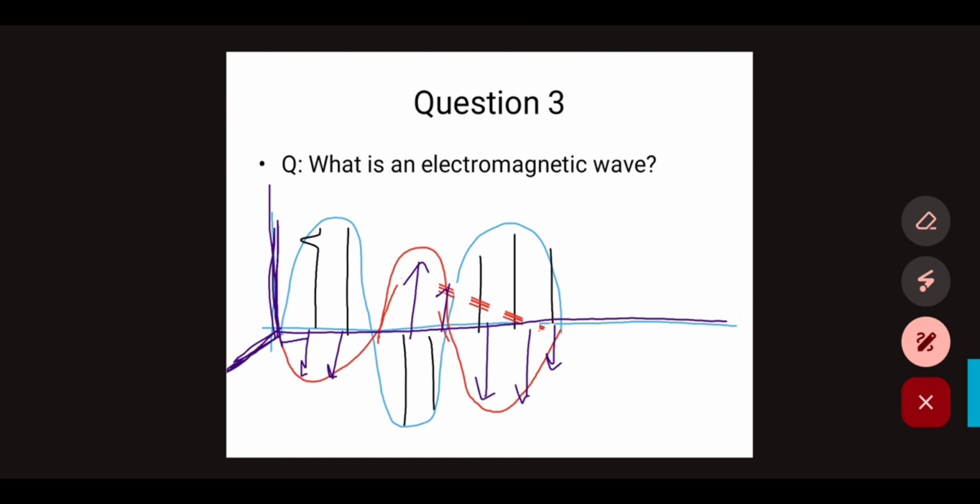This is called an electromagnetic wave. It has electric and magnetic field both.